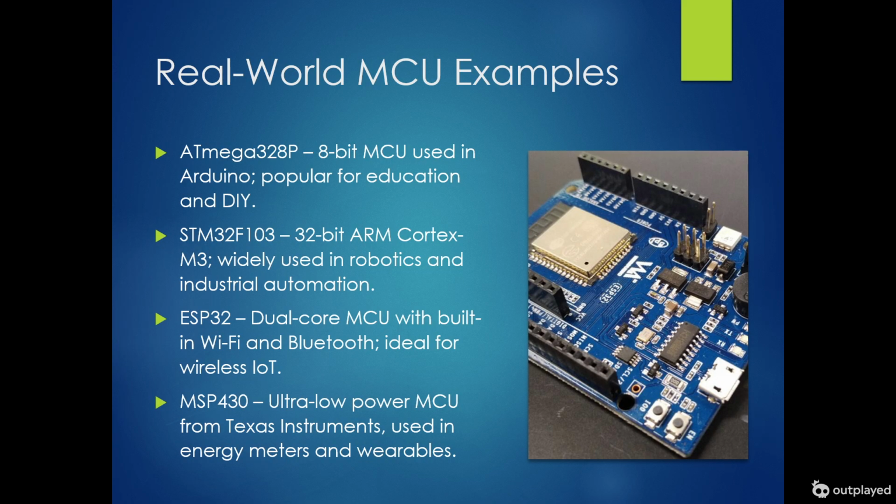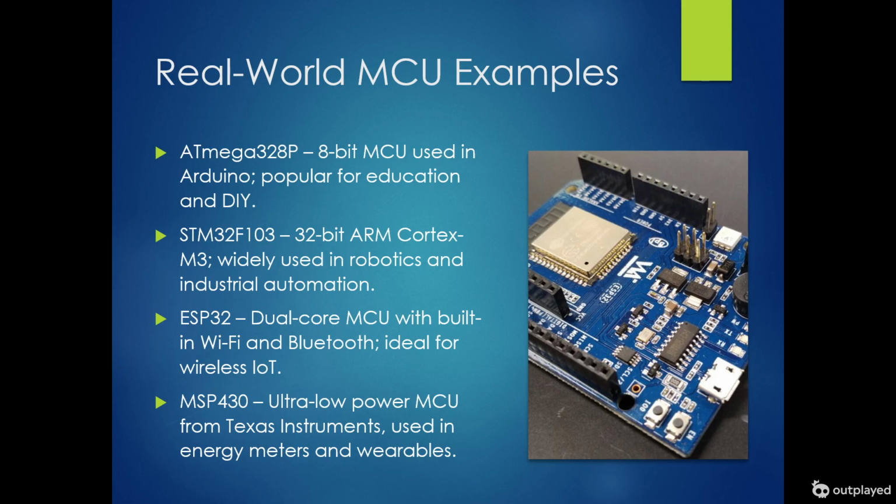So moving on to the real world usage of MCUs and the examples. Here are several commonly used MCUs. The first one is the ATmega328P, which powers Arduino boards and is popular for beginners and prototyping.